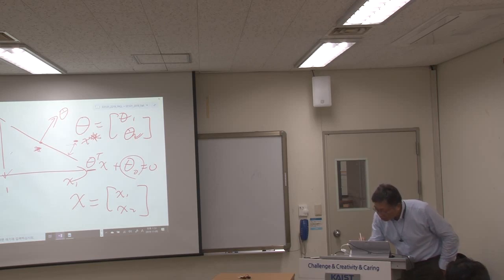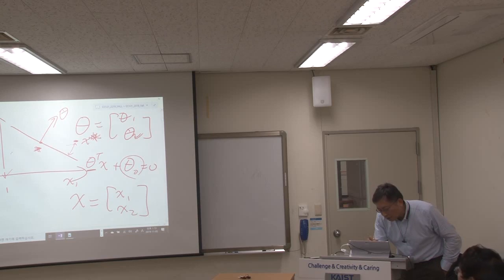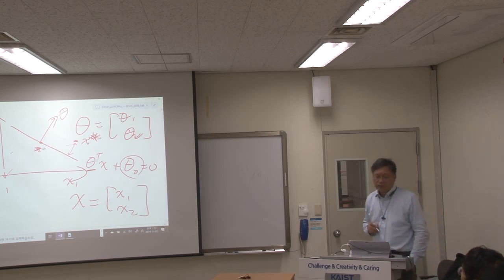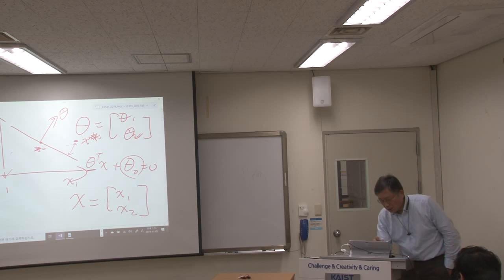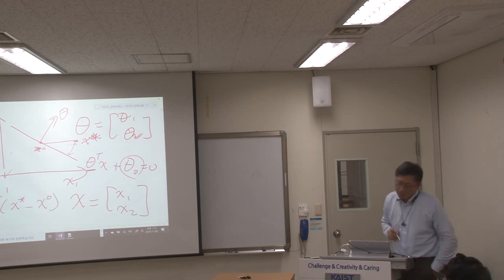Very bad notation. X1 and x2, and I call that x0. Okay, so theta inner dot product is this vector x star minus x0.